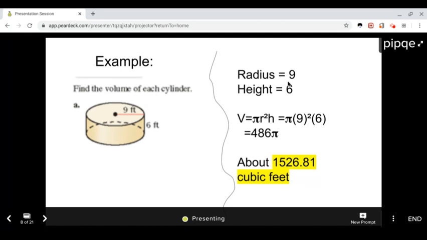I'm going to substitute everything in first, and then once I'm left with 486 pi in my calculator, I'm going to use the pi button instead of 3.14, just so that you are as accurate as possible and you're not rounding anything. And then we're just going to round it to the nearest hundredths. So our answer would be about 1,526.81 cubic feet this time, because we are working with feet in this problem.